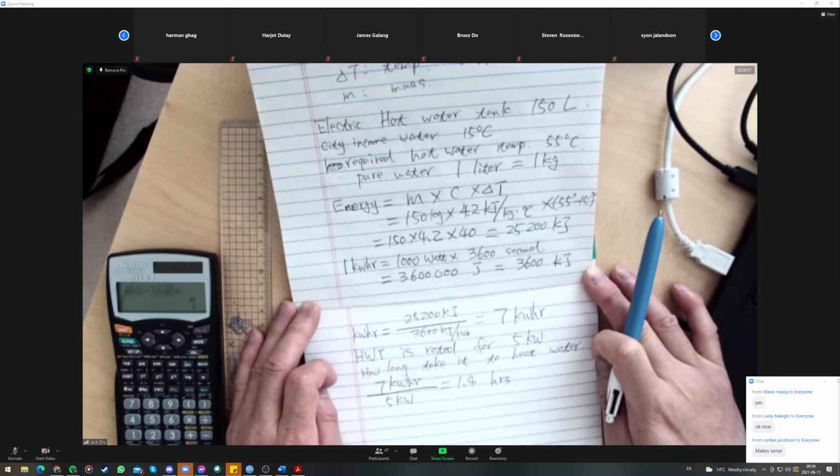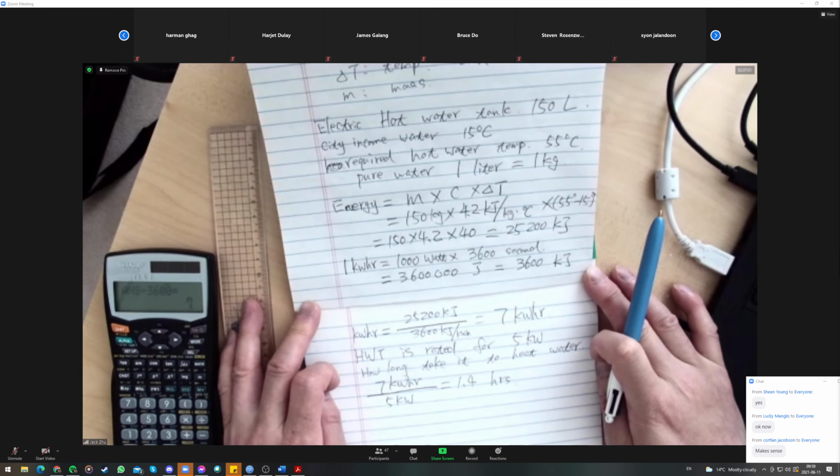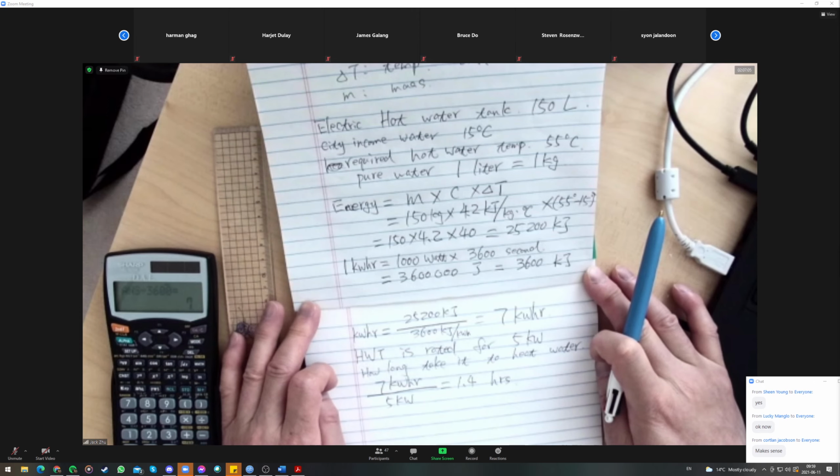So on the working sheet, there are those types of calculation questions. You need to do some practice because you will be tested on those things.